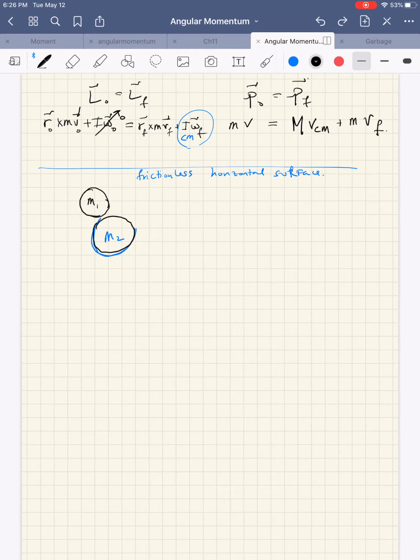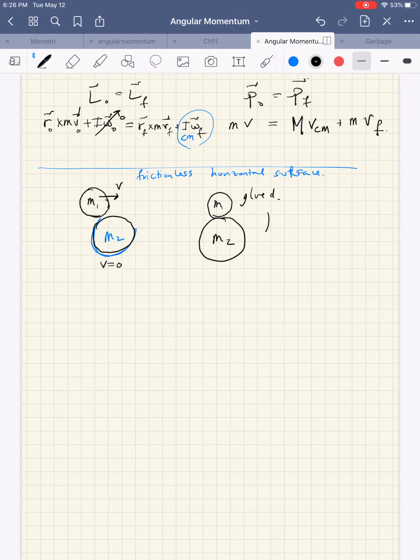And M1 is coming in with some velocity V. And then it collides and it says that the rims just barely touch. And so M2 is going 0. The rims just barely touch, but there's glue on the rims. And so after the collision, they're actually going to be moving together. And they're glued together after the collision.